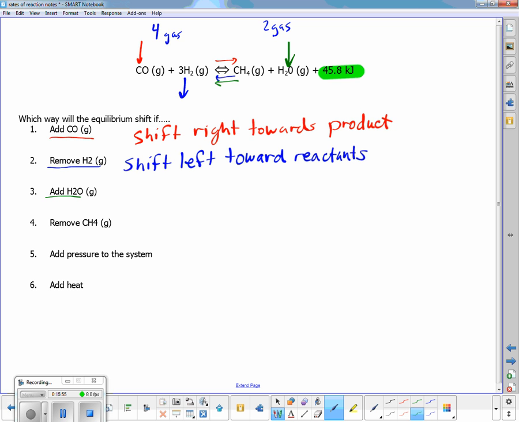Okay? So if you'll notice, if I'm going this way, it shifts this. If I'm going this, see how the arrow just continues? If I'm going this way, it just keeps going this way.